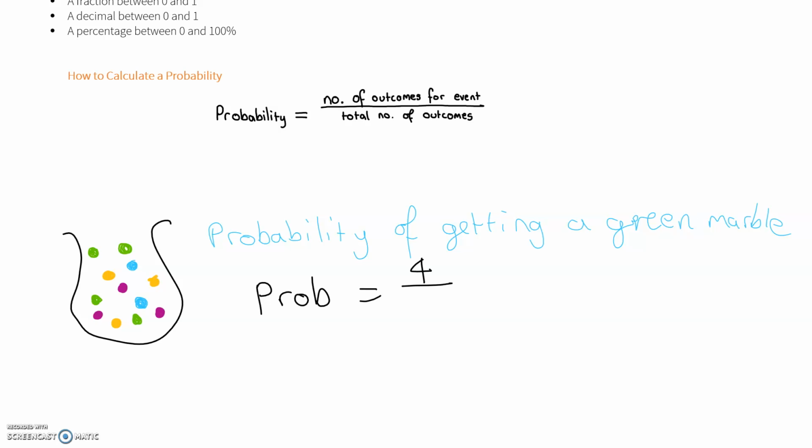And then the total number of outcomes in this case would be the number of marbles in the bag in total. So there's 1, 2, 3, 4, 5, 6, 7, 8, 9, 10, 11, 12. So we've got a 4 in 12 chance of getting a green marble. And we could also simplify this fraction if we wanted to say a 1/3 chance.